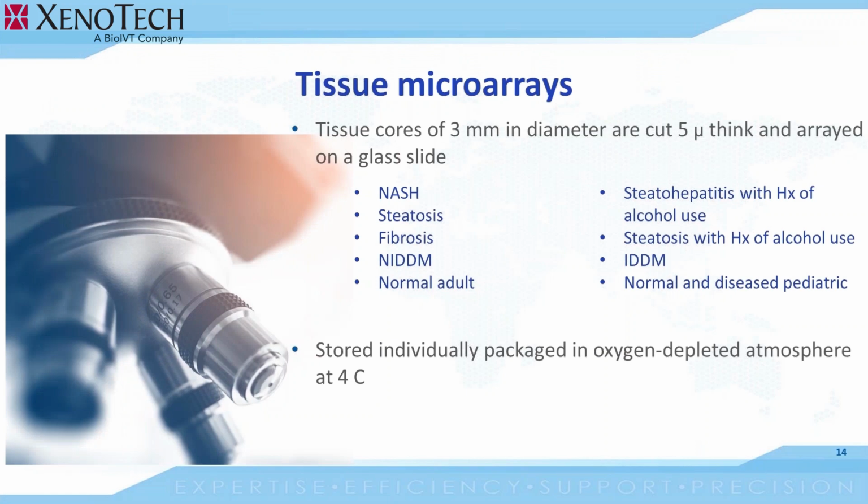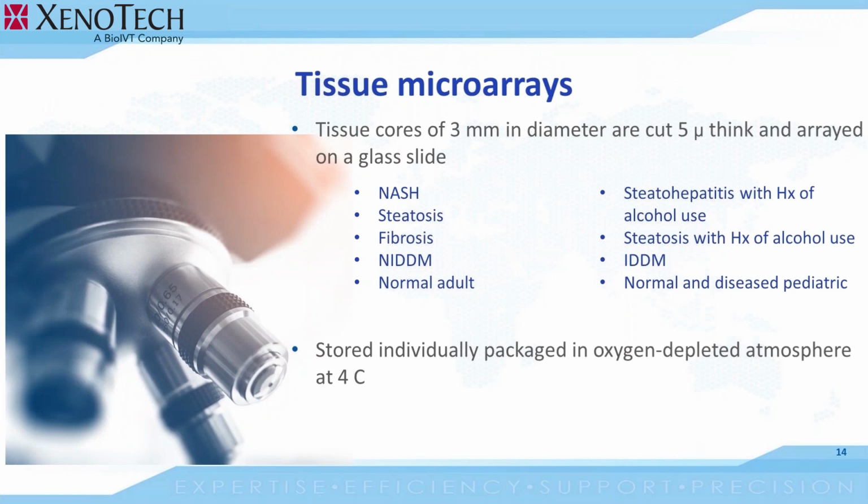We prepared slides for non-alcoholic steatohepatitis, steatohepatitis with history of alcohol use, steatosis without alcohol, steatosis with history of alcohol, fibrosis of different backgrounds, non-insulin-dependent diabetes mellitus, and insulin-dependent diabetes.